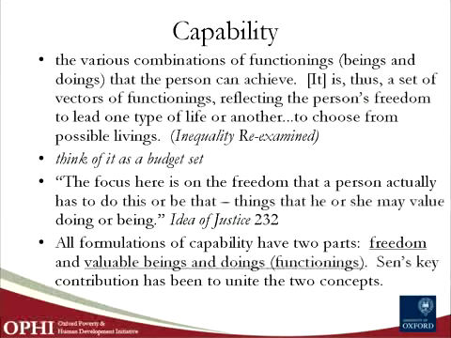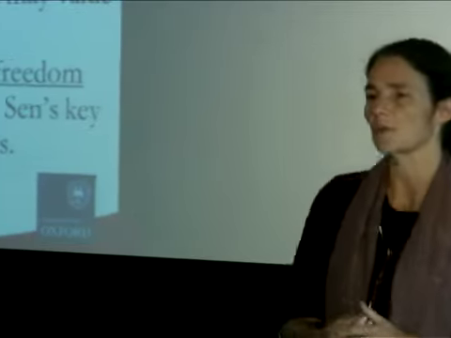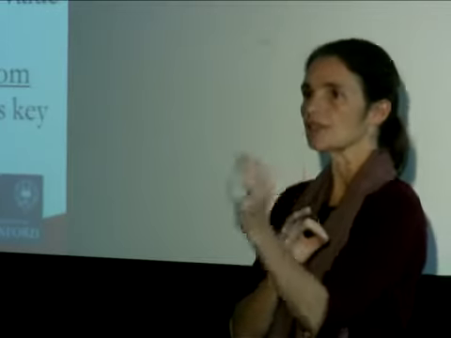There is no law against dying of hunger is the opening line of Poverty and Famine by Sen. But in fact, I might not be able to eat. So there are paper freedoms that you and I might have that in fact mean nothing. And Sen is interested in stressing the real freedoms, the freedom a person actually has to do this or be that. So the vector of functionings are actually things that you could choose and enjoy.